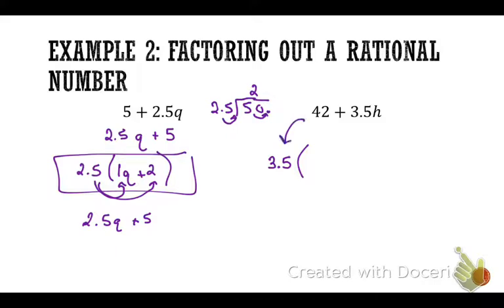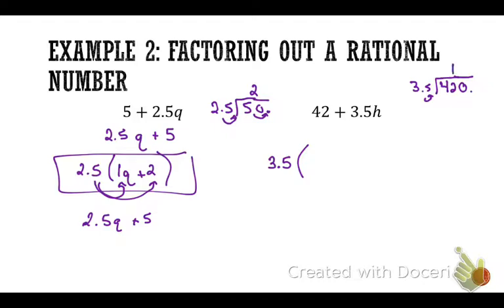Now, 42 divided by 3.5, that's a little tougher, okay? So let's just do that division. 3.5, I know I have to bump out my decimal, which makes this 420. How many times do you think 35 goes into 420? Well, actually, 35 goes into 42 how many times?